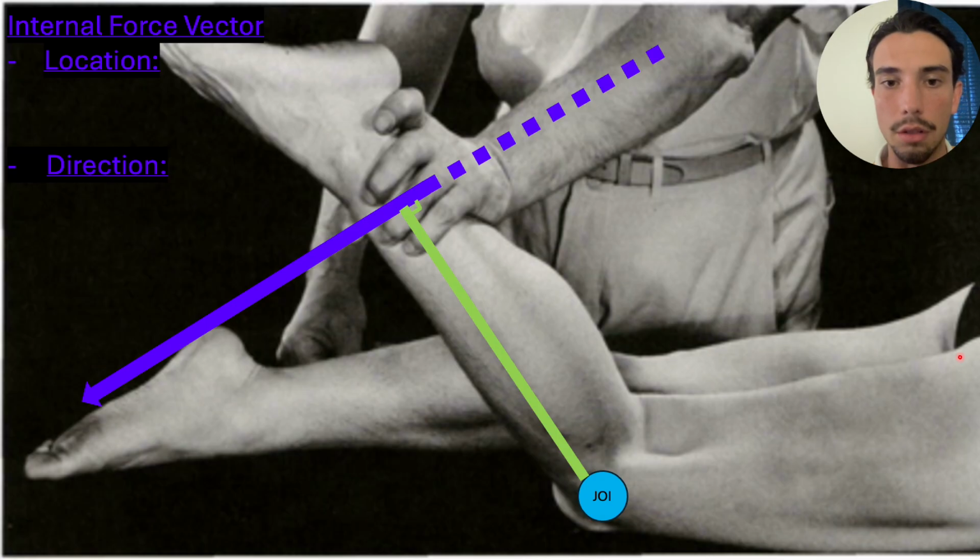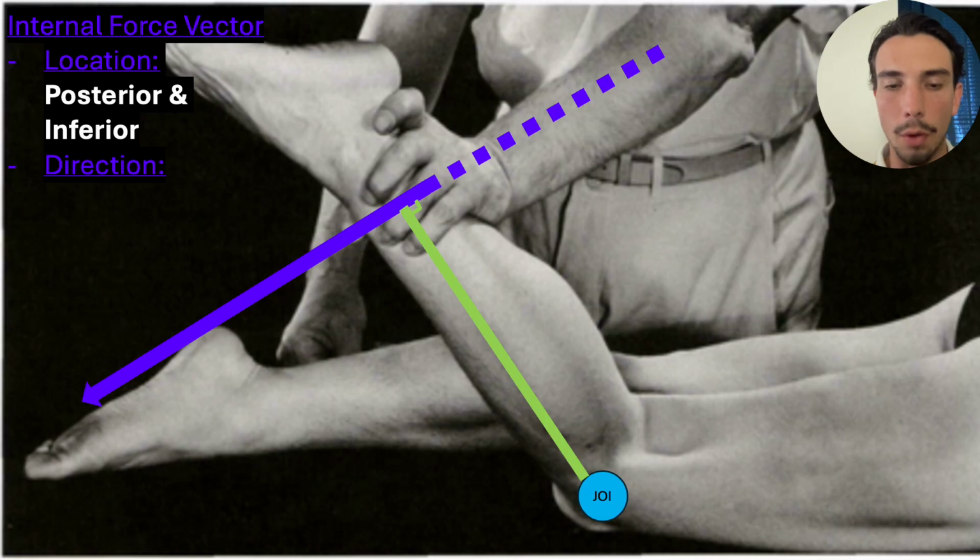So our location is the way that the moment arm travels to get to the vector. So we know that the moment arm has to travel posteriorly, and it has to go inferior. Because if we start at the knee, we go down to the feet, that is, sorry, that's inferior. So we know we have to go inferior, and we also have to go a bit posterior.